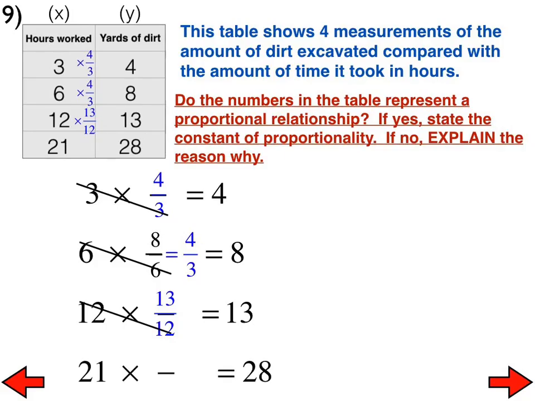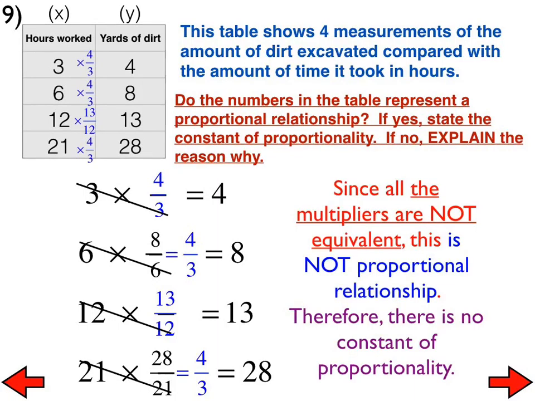And then the last one would be 28 over 21, which is 4/3. Are they all the same? No. So I don't have a constant. I don't have a proportional relationship, so I can't answer any of the other questions. No, comma, multipliers are not equivalent. There is no constant of proportionality. I cannot find a unit rate.